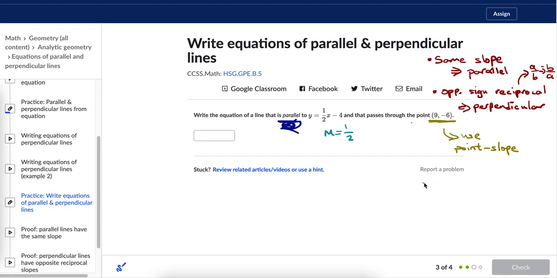So our point slope is going to be y minus y1 equals m times x minus x1. That's our point slope form of the line. And so let's build it: y minus y1. So that's y plus 6, right? Minus y1 equals m, same slope. So m is 1/2 times x minus x1 is x minus 9. And that's how we do that.